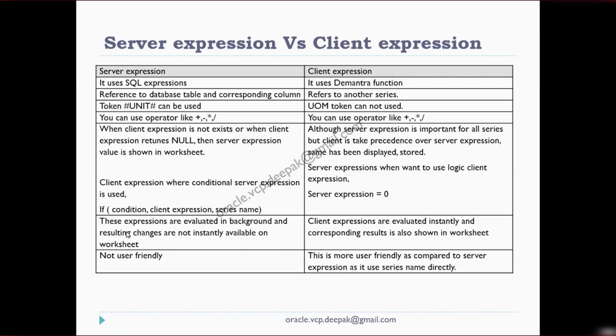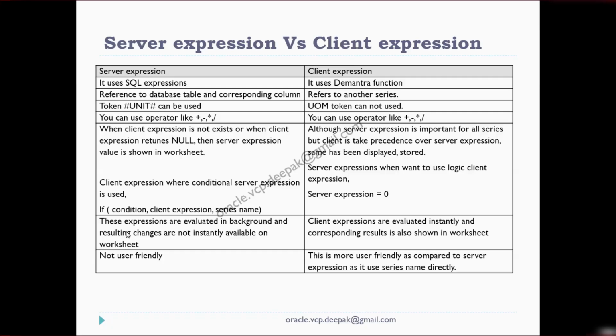So if you use server expressions, then that value will be determined when you run the engine. Now assume that one series has a server expression, and it was executed when we ran the engine. Now the user has updated some values, and you open the worksheet and see that the numbers are not getting changed.